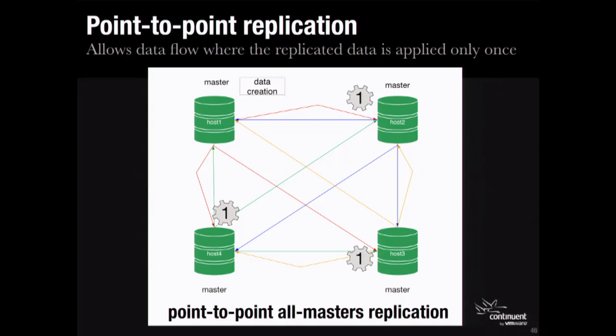Instead, using multi-channels in MySQL 5.7 and MariaDB 10, you can have point-to-point replication, meaning that you don't need to pass from one server to another to get to the other servers. You can just have point-to-point replication, which means that you have more traffic in the network, but this is much faster and resilient. So if one node drops, replication will still work.